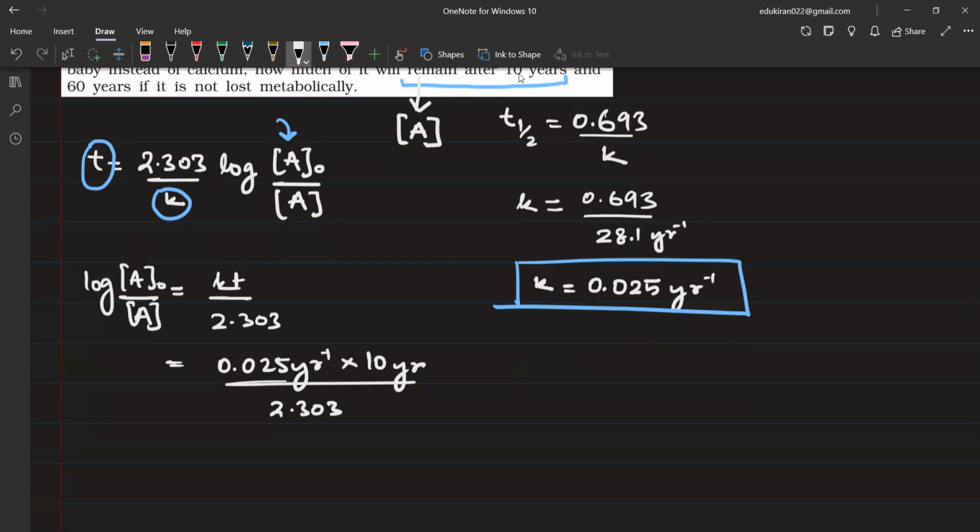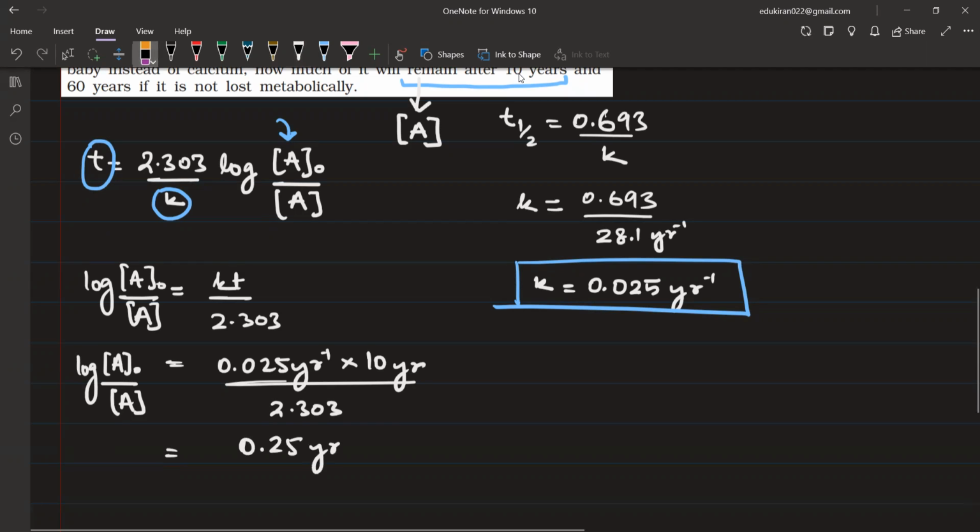This is your log A0 upon A. This will be equal to 0.025 into 10, so 0.25 year. Now year and year will cancel each other. Divided by 2.303.